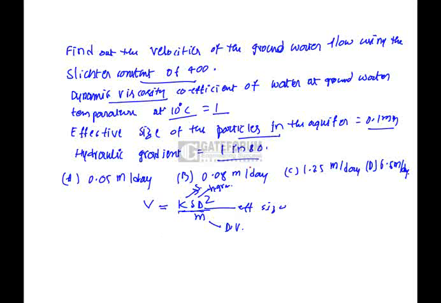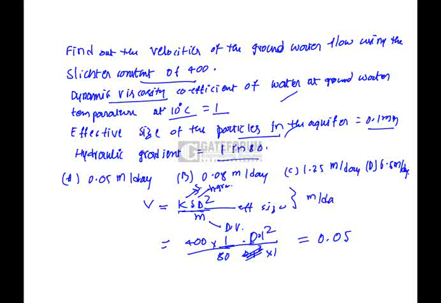Substituting the values, K is 400, S is 1 by 80, d is 0.1, m is 1. We will get 0.05. The units have to be meters per day. So 0.05, option A is correct.